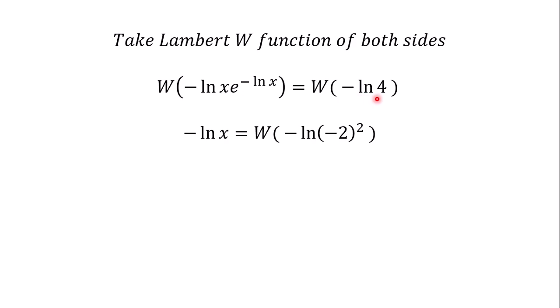W of minus ln2: when you punch the original equation on the calculator, the answer is minus 0.5. Good. So x is equal to minus 0.5, but not natural log of x equal to that minus 0.5.